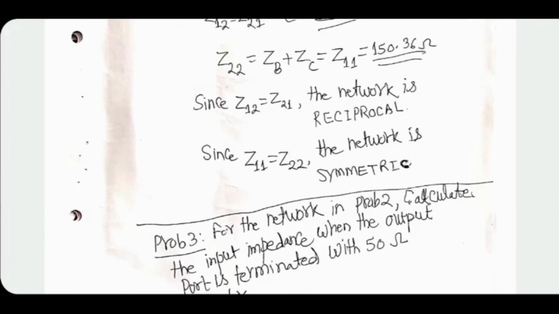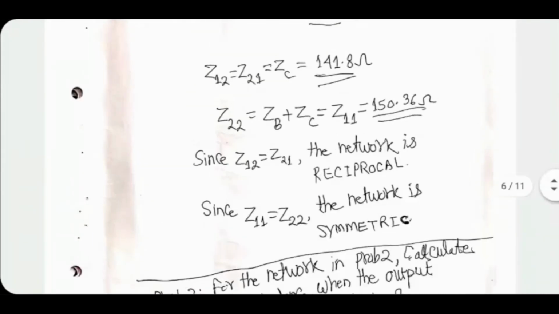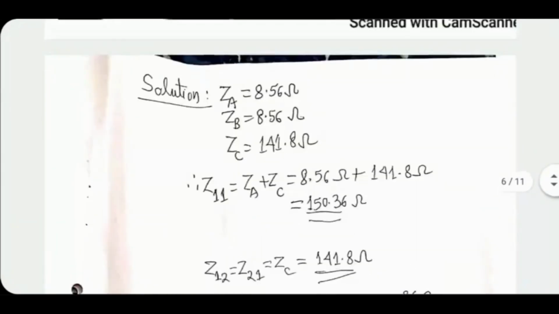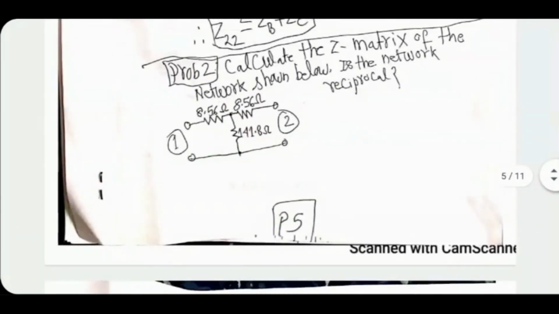Problem 3 says that for the network in problem 2, calculate the input impedance when the output port is terminated with 50 ohm. Now this can be tackled in two different ways.